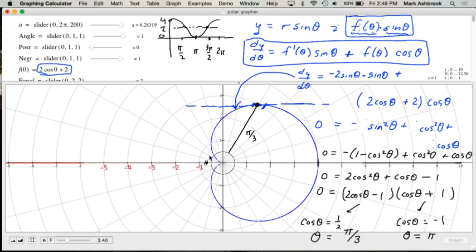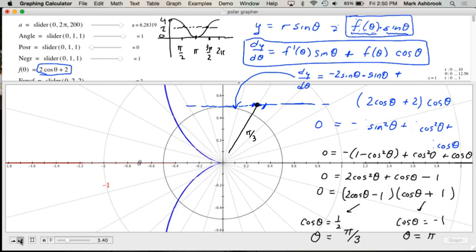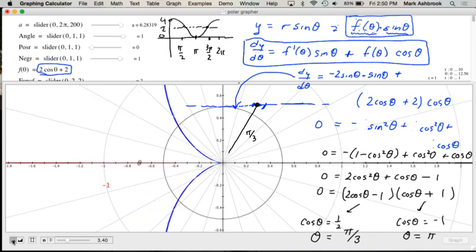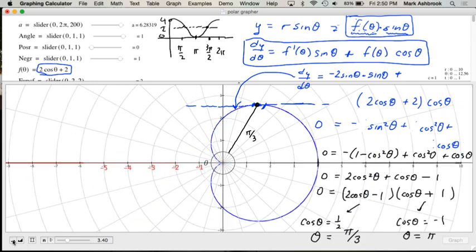If I zoom in, when we come in at pi here, it's flattening out, right? So right around pi, for a change in theta, y doesn't change. So it's a horizontal tangent, right?